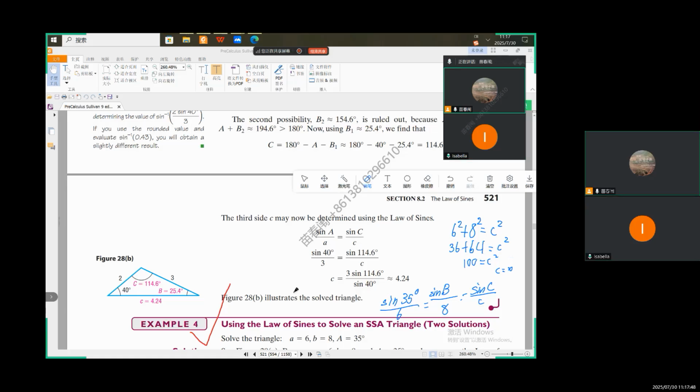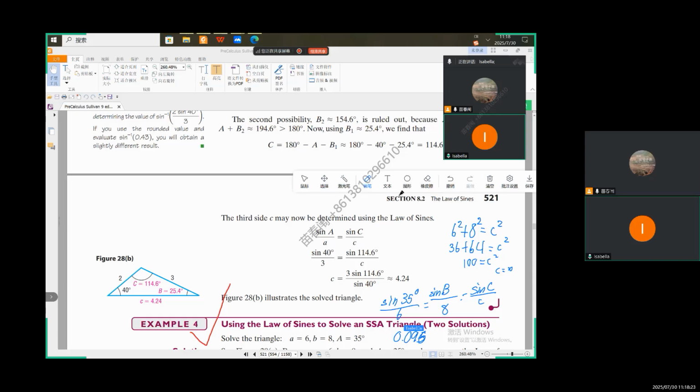Okay, whatever. I'm gonna find sine 35 over 6. I'm gonna calculate that. 0.096 actually.